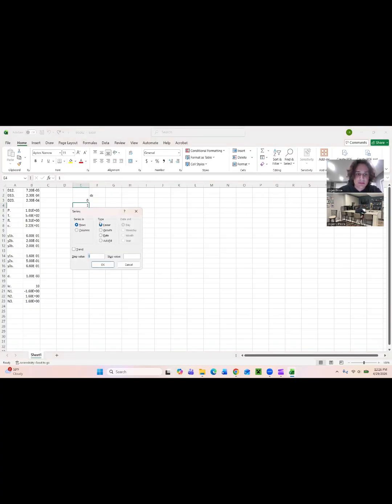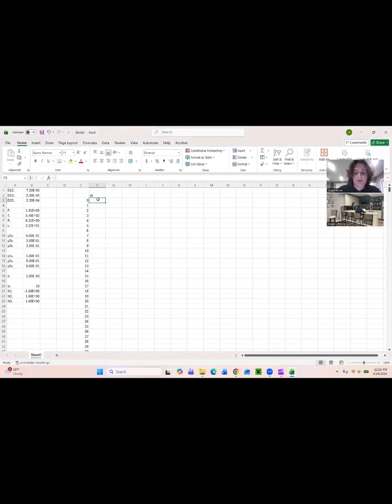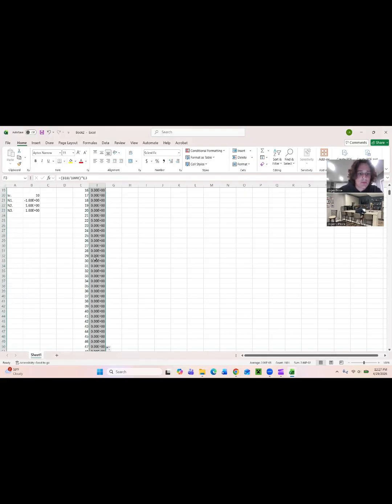Series columns to 1,000, and then this DZ value will equal our D divided by 1,000 multiplied by our step here, and that will go all the way down.